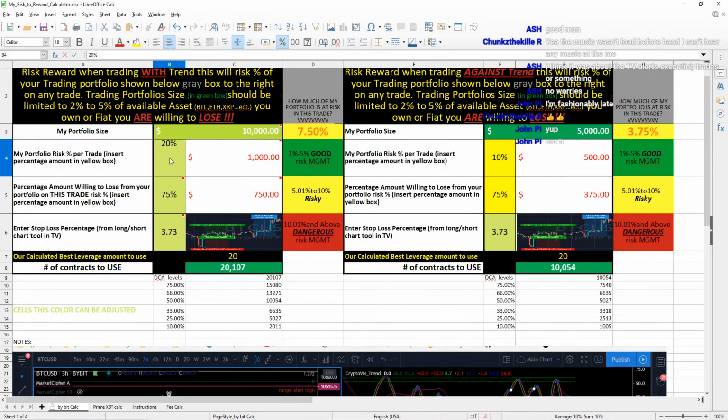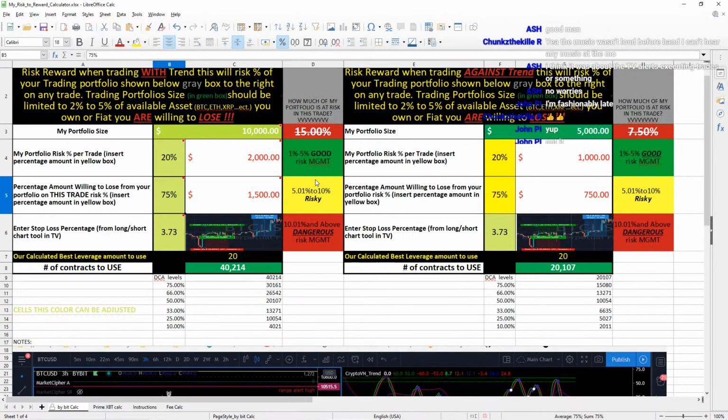If you get into super risky trades, you're risking more than 10% of your portfolio. You can see that these two areas changed red, just to let you know. But it's your call. It's your money. And like I said before, I am not here to tell you what the proper risk is.